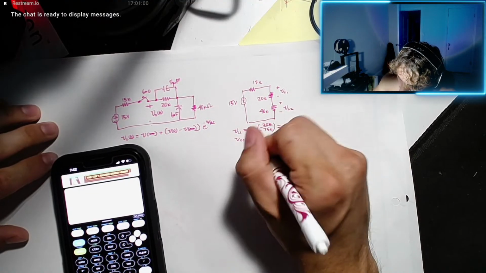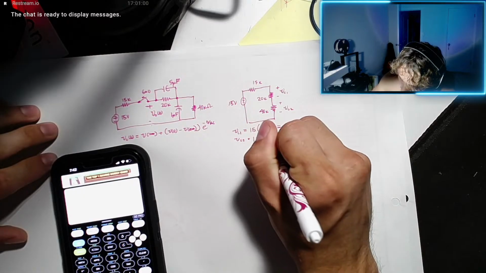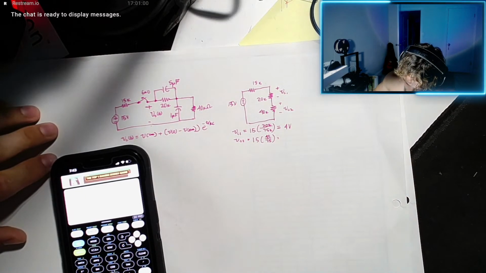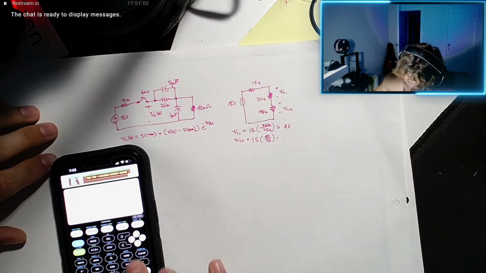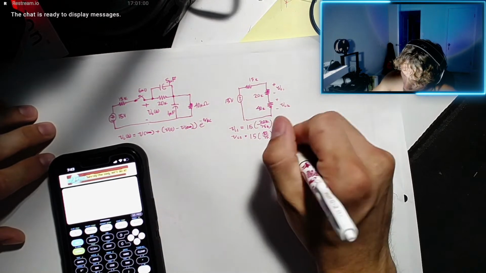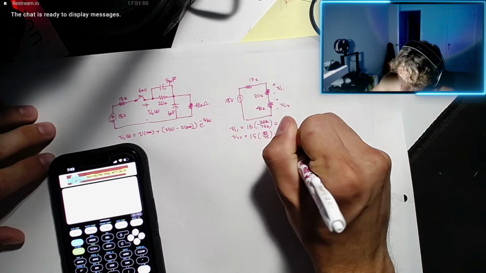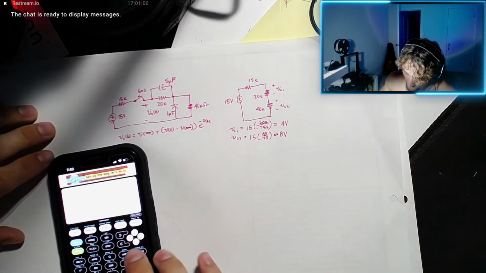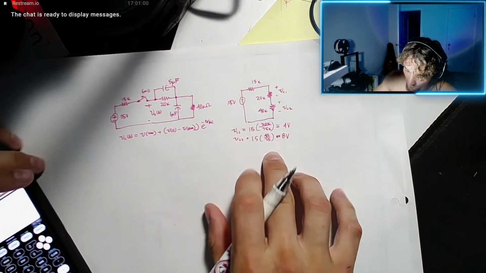VC2 equals 15 times 40 divided by 75 equals 8 volts. Okay, so that's our initial values.